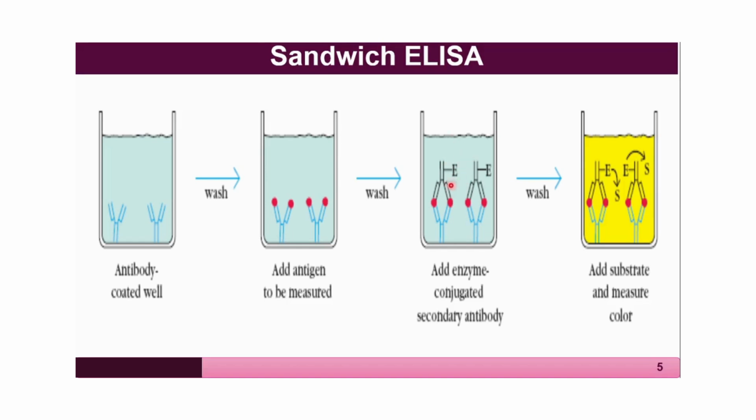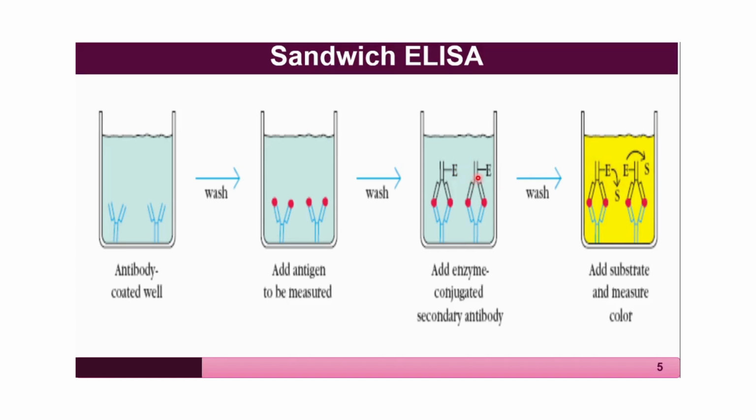Once again, give a wash to this complex. After the wash, you add the respective substrate depending on which enzyme labeled antibody was used. As I mentioned earlier, if alkaline phosphatase labeled antibody was used, para-nitrophenol phosphate is the substrate to be used.